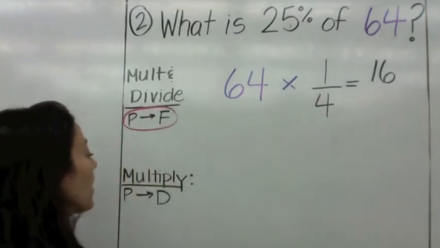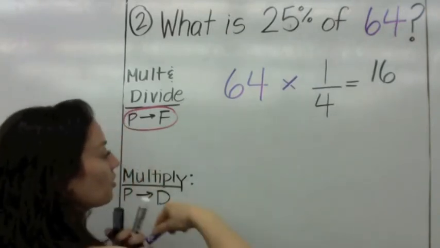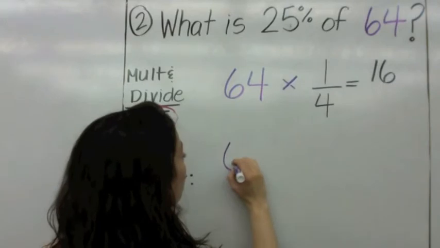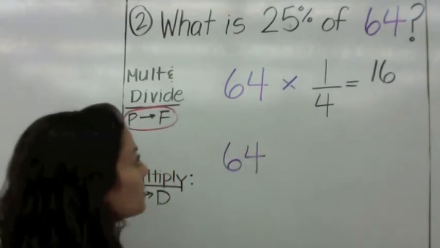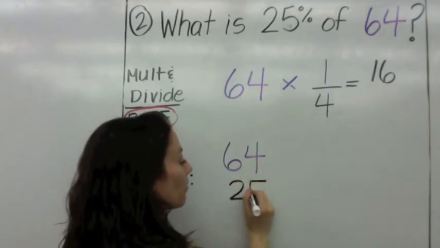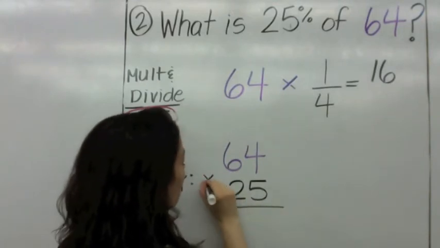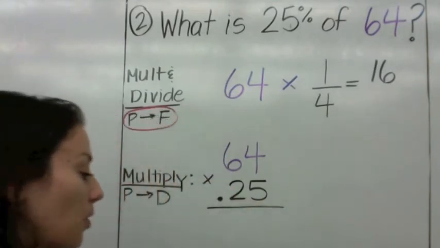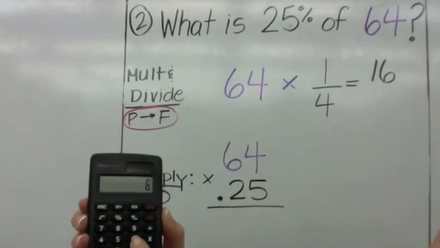Let's check by multiplying by the decimal. You're going to go ahead and start with 64, and then you're going to multiply by 25 hundredths as a decimal. So all you have to do is write 25, but put a decimal in front, and make sure when you solve this problem on your calculator that you put a decimal first. So let's start with 64.